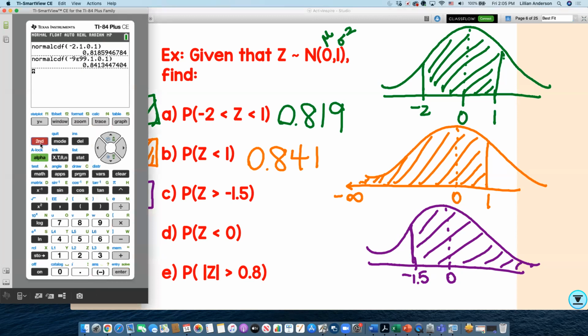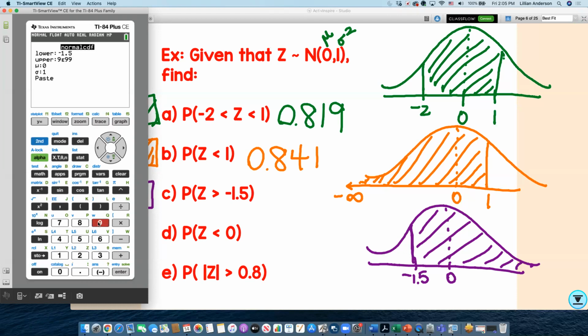I go back to second vars, option 2. What's my lower bound this time? Negative 1.5. What's my upper? Infinity. How do I represent a really large number? 9 second comma 99.